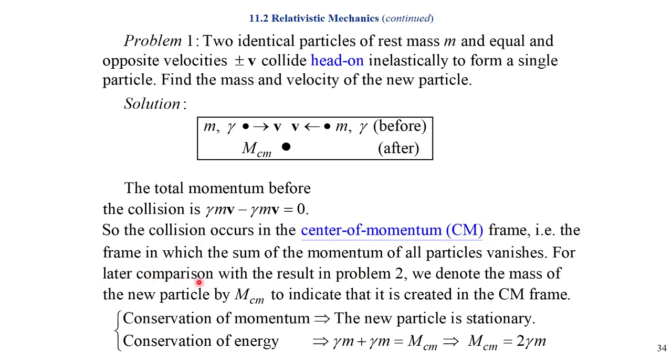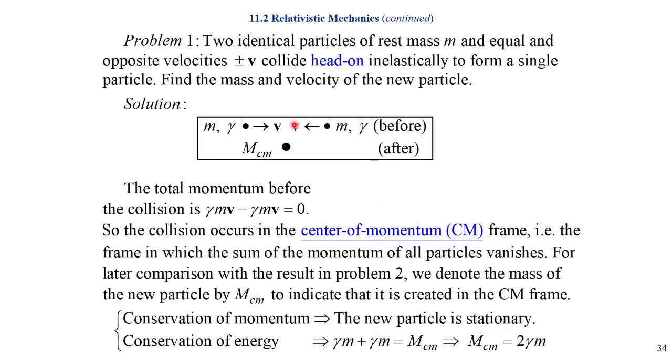For later comparison with the result in problem 2, we denote the mass of the new particle by M_cm to indicate it is created in the center of momentum frame. Conservation of momentum: the new particle is stationary.